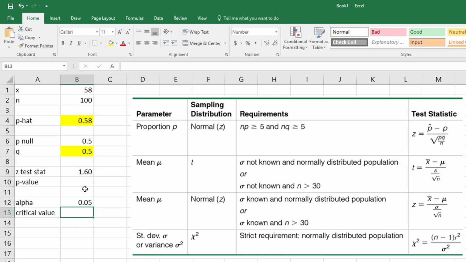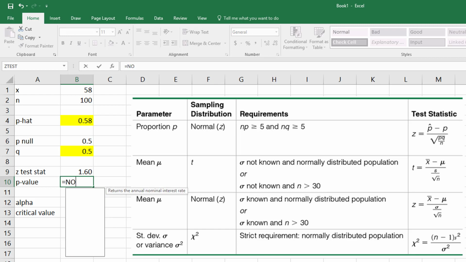So if I want to do the p-value, and some of you are starting to notice that the p-value is a little easier to interpret than the critical value. So a p-value is looking up 1.60 in the table, basically. But I'm too lazy to go find that table. So what I'm going to do is equal norm.s, and Keith's going to scratch, he has an itch, .inv.